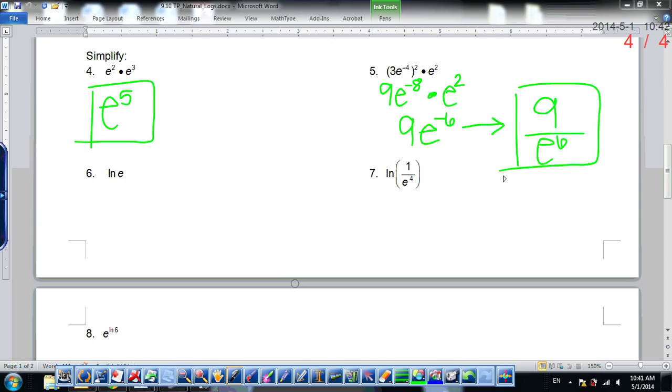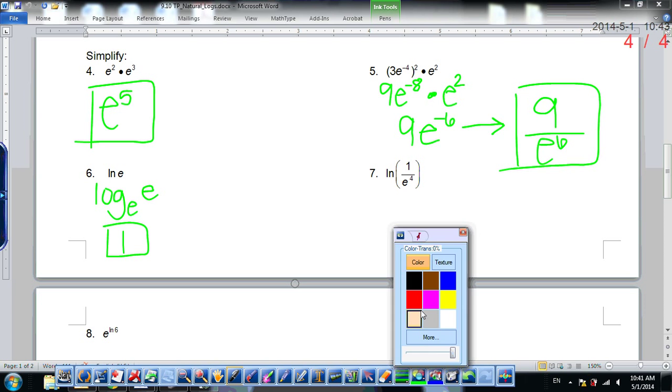All right, the natural log of e. Okay, what did I define the natural log as to you? Okay, so could I rewrite this as log base e of e? That's what natural log is, right? It's log base e. Okay, well, what do we know if our base and our argument are the same? It's 1.